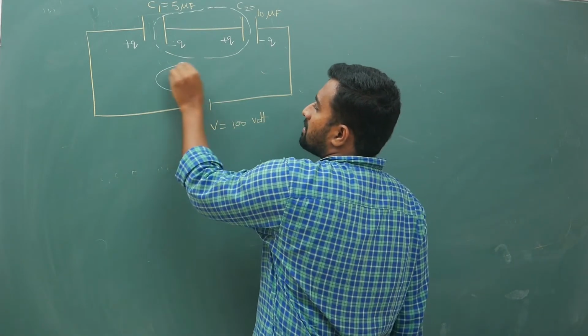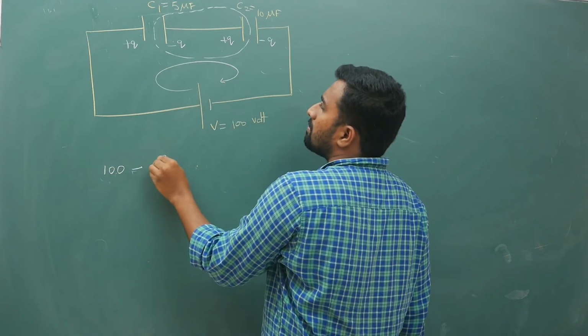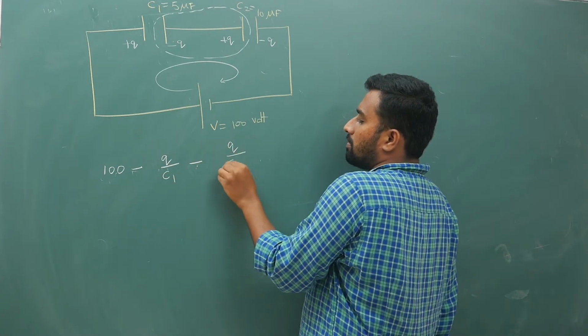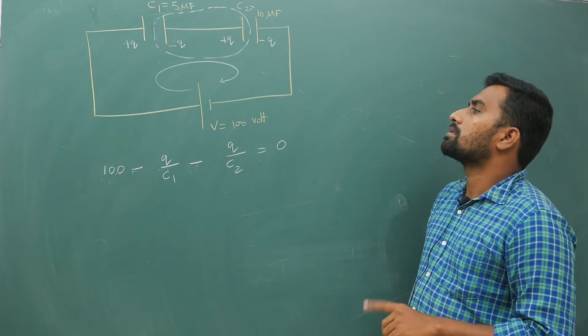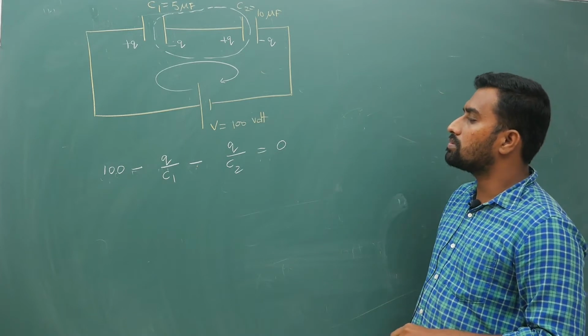So if you apply Kirchhoff's law, 100 minus Q by C1 minus Q by C2 is equal to 0.